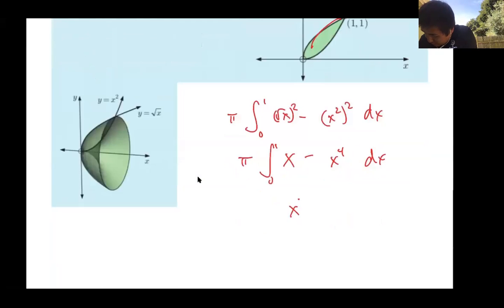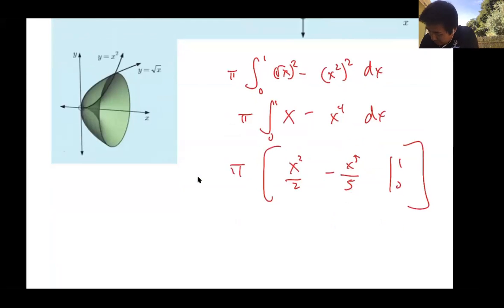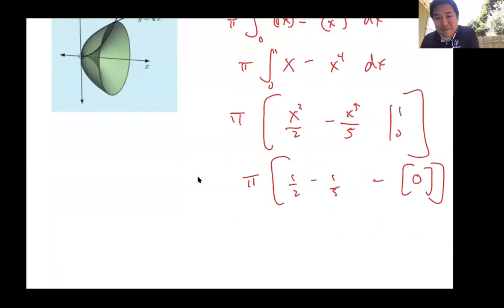So that's x squared over 2 minus x to the 5th over 5 from 0 to 1 times pi. That's 1/2 minus 1/5 minus 0. 1/2 minus 1/5 is 3/10 times pi. So 3 pi over 10.